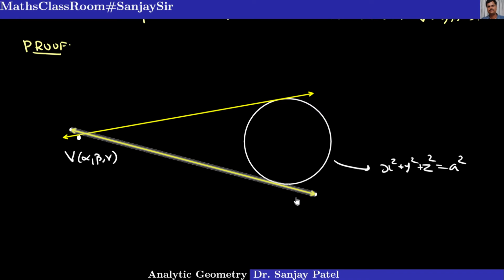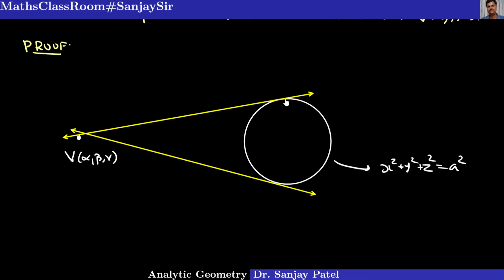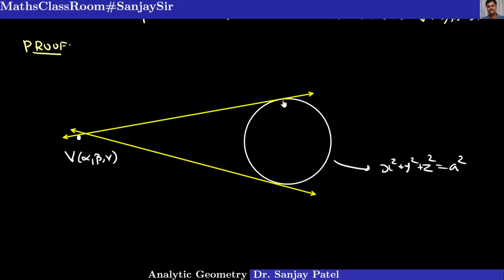Okay, so a cone will be generated, or you can say a surface will be generated, whose base will be a circular base. Let me show you that circle so that you can understand that this surface is in 3 dimension.